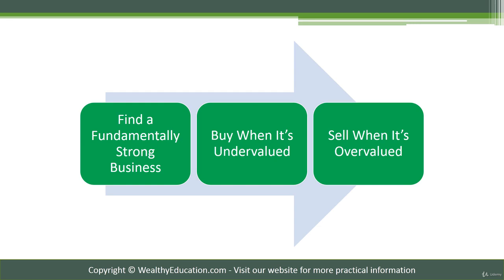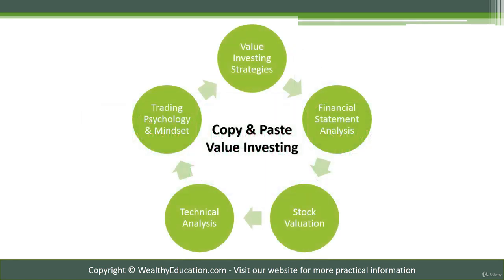Now, let's talk about the roadmap for mastering the value investing technique. I've been a value investor for 7 years now, and here's what I've learned to become a master. To become a profitable value investor, first and foremost, you'll need to learn all the best value investing strategies to find solid and financially strong companies to invest in.